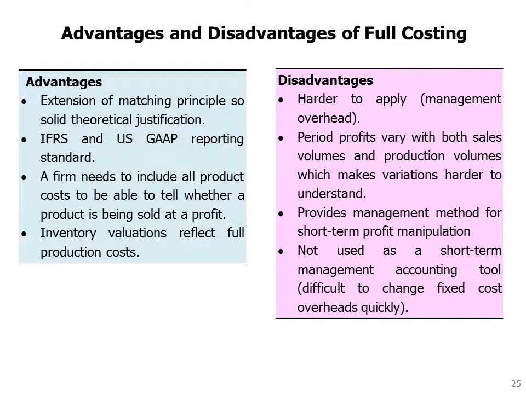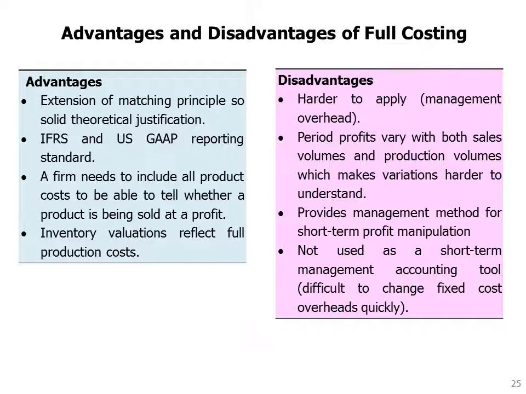Disadvantages: there is a management systems overhead in terms of applying this, and period profits vary with both sales volumes and production volumes, which makes variations in profits harder to understand intuitively. And it also provides management a method for short-term profit manipulation.